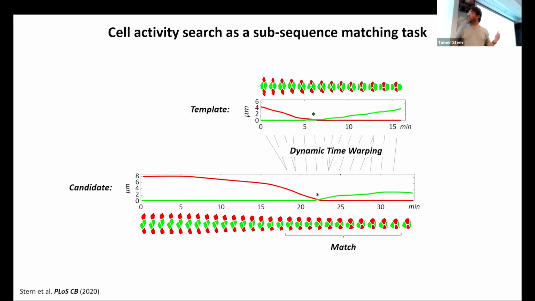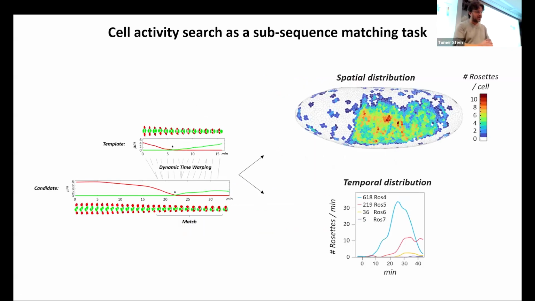We use the same trick exactly, but not on ACTG, it's simply on a multi-dimensional numeric array. And as you can see here, the match was done perfectly, and indeed we have here a rosette. So that opens for us the ability to map more or less any cell activity or multicellular activity that we want in the data.